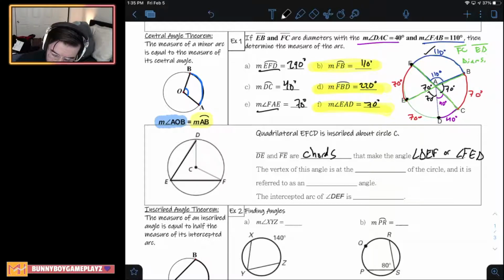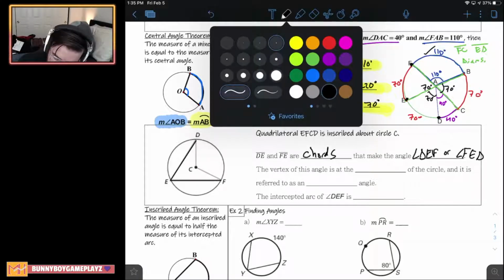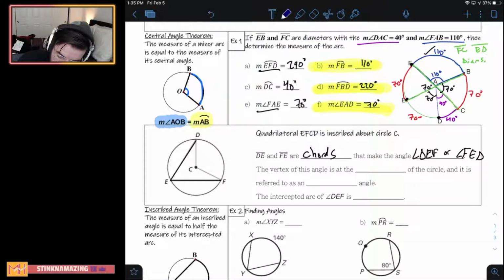The vertex of this angle is more like on the edge, right? It's on the edge of the circle, and it is referred to as an inscribed angle.